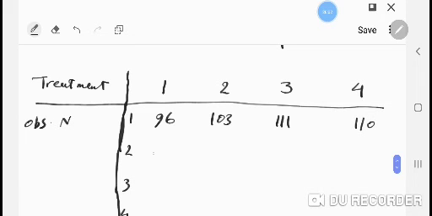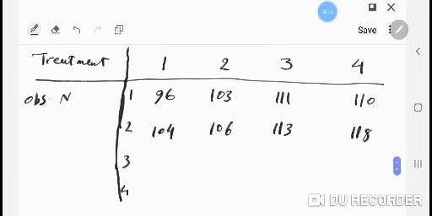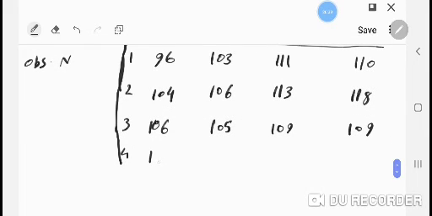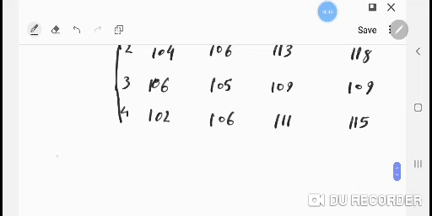Observation number 2 for treatment 1, treatment 2, treatment 3, and treatment 4, and here observation number 4 for any treatment is this data.